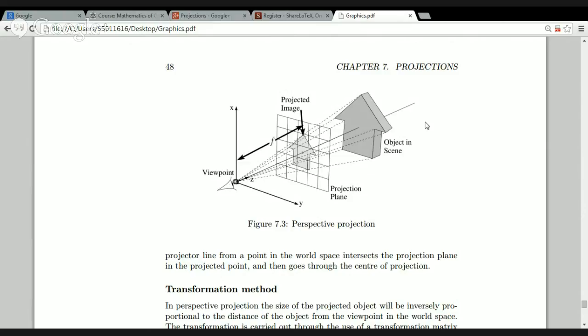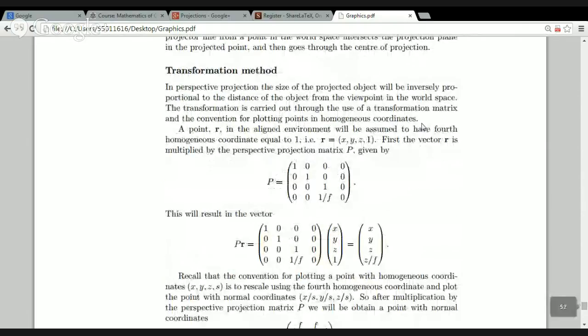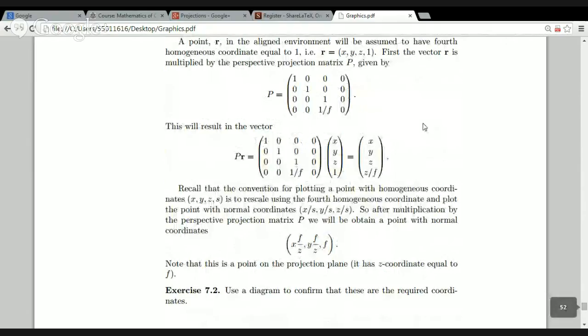Now, this can't be produced by just a single matrix, unfortunately. So it's going to mainly be carried out through a certain matrix multiplication. But then also, we're going to make use of the convention for rendering points with homogeneous coordinates onto points with just normal coordinates, okay?